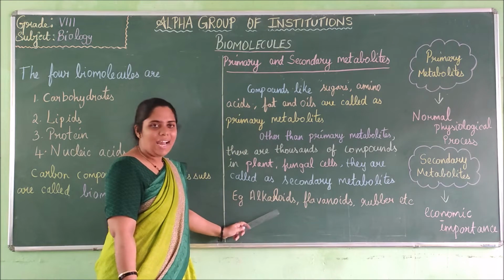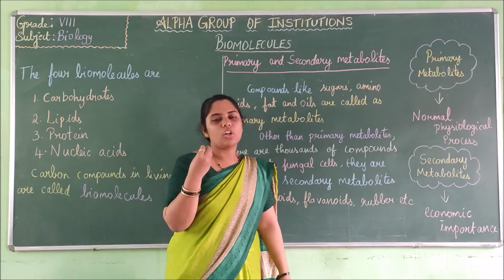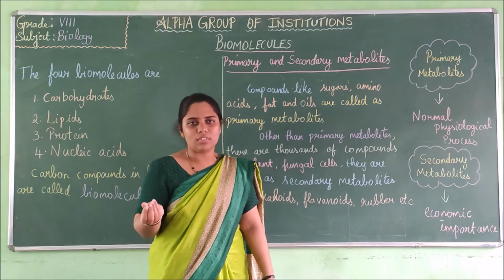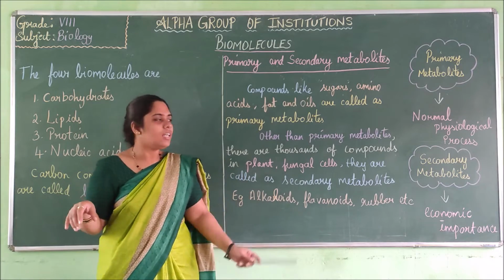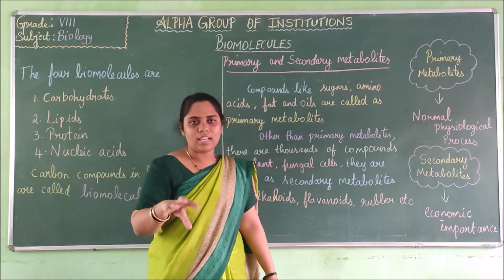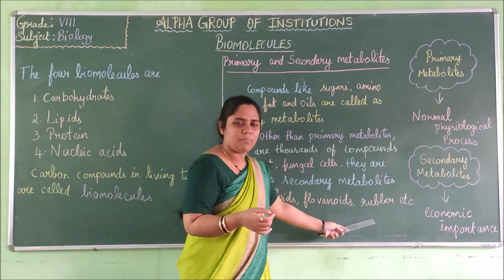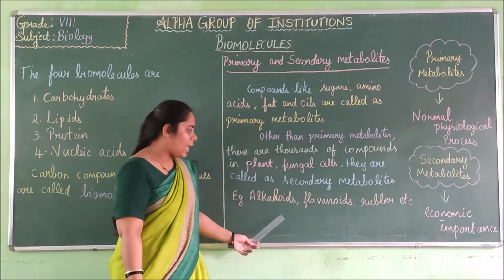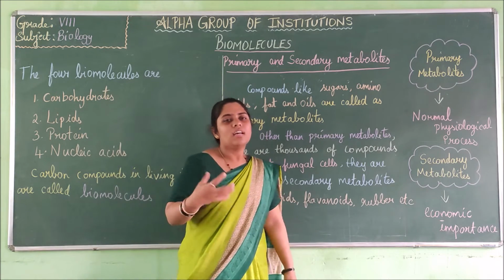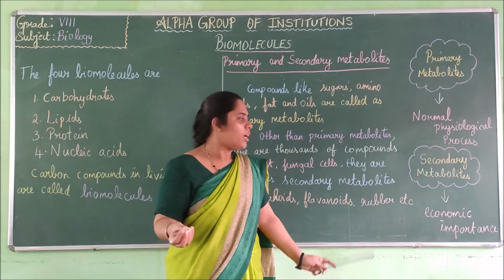So for example, alkaloids, flavonoids, rubber, essential oil, the aromatic oil that we get. So all these are secondary metabolites. So rubber, the latex that they take and use for making tires, all those things are nothing but secondary metabolites. Alkaloids and flavonoids are the chemical compounds that are secreted by the plants.